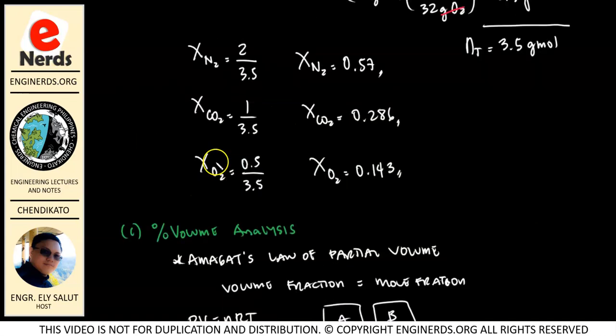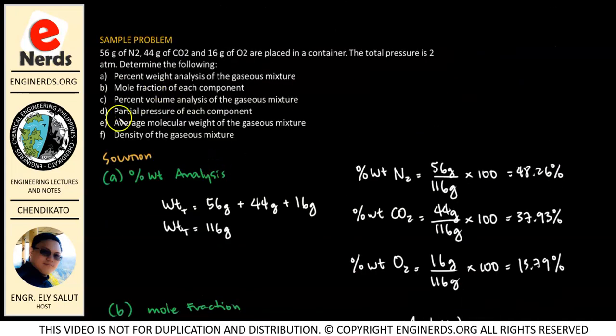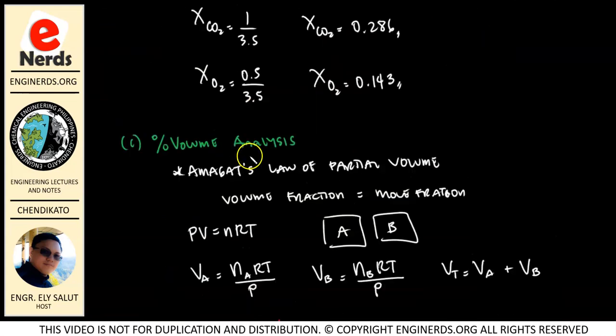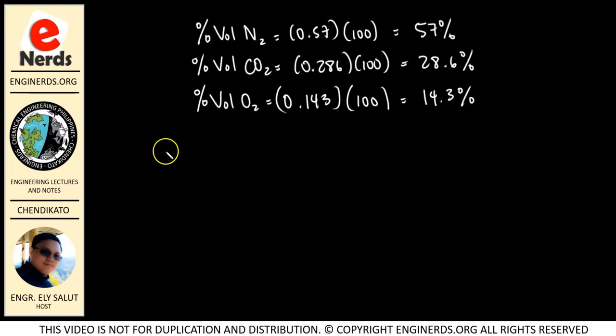Now, let us solve D. Ano sabi sa D? Partial pressure of each component. Okay. So, D is asking us to calculate the partial pressure of each component. Okay, so this time, we are going to refer yung natutunan natin sa Dalton's law of partial pressure.